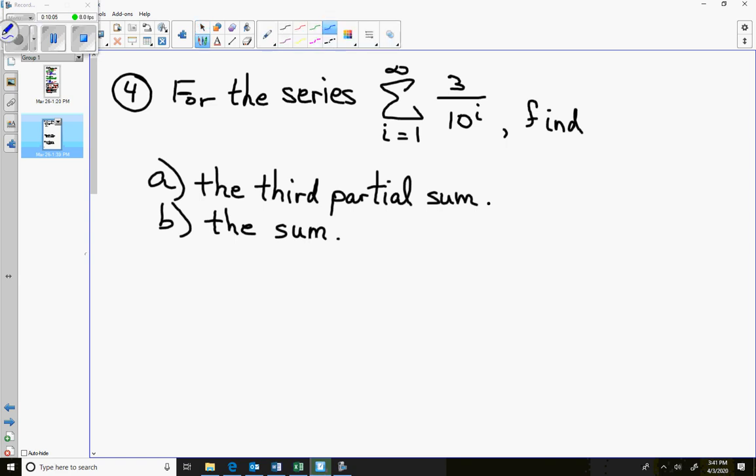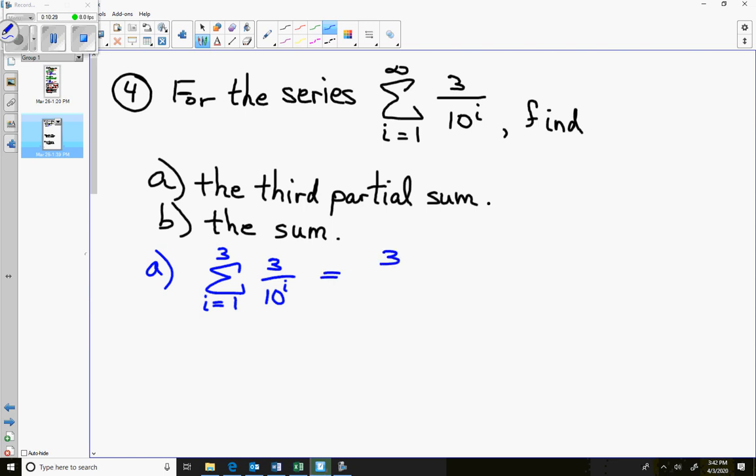Okay, so part A, the third partial sum simply means the sum of the first three terms. So we're really just doing the summation from i equals 1 to 3 of our general term, which happens to be 3 over 10 to the power of i.